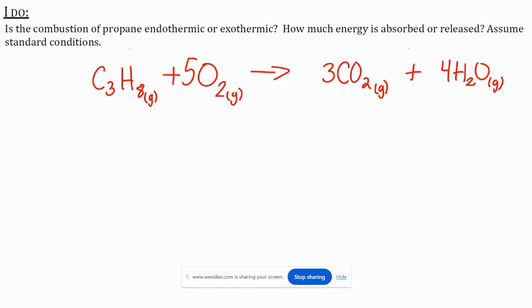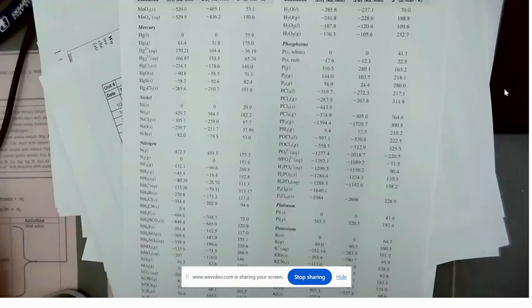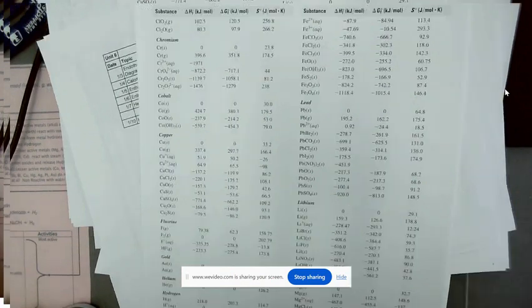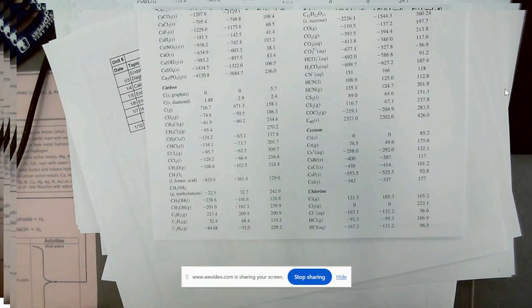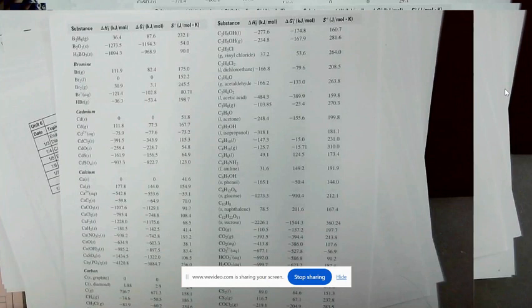So if I go back to those tables and I'm going to be trying to find C3H8, here's carbon.